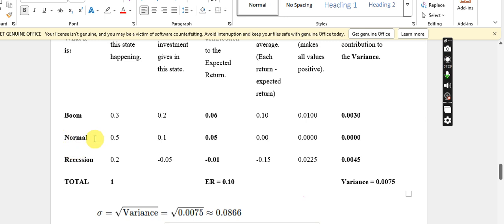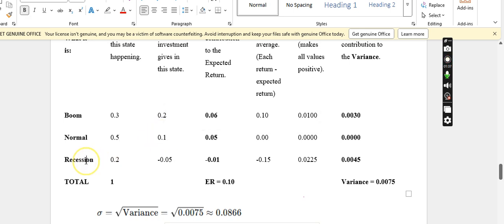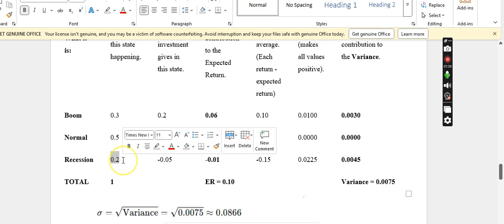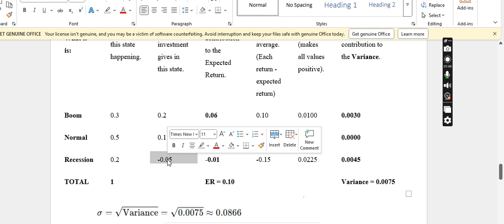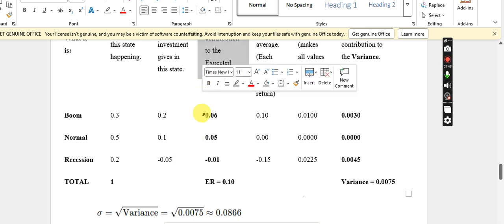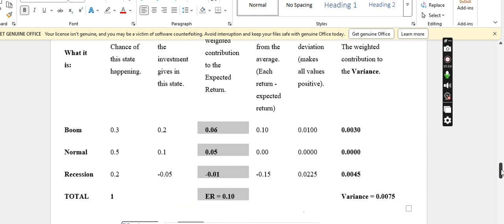The economy is doing normal, there's a 50% probability that you make a return of 10%. The economy is in a recession, there is a 20% probability that you make a return of -5%. We calculated our expected return earlier on, so now we want to calculate standard deviation.